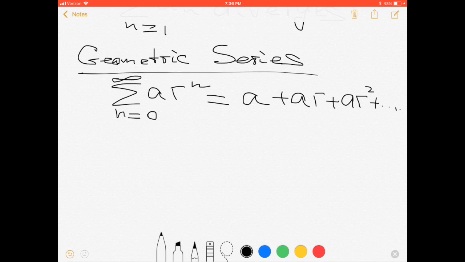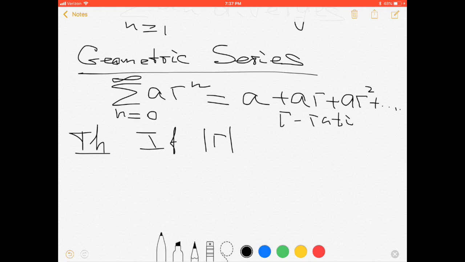And now we have a theorem that tells us: if the absolute value of your ratio r, where a is the first term, is greater than or equal to 1, then the geometric series diverges.